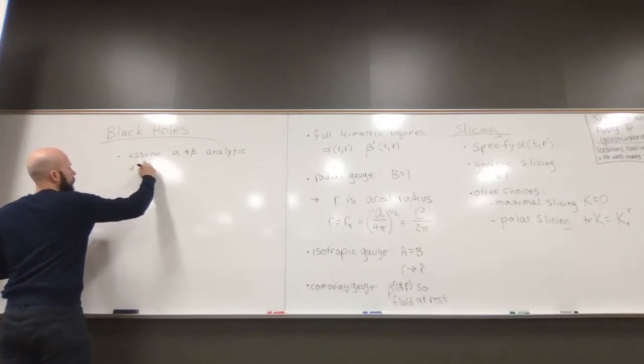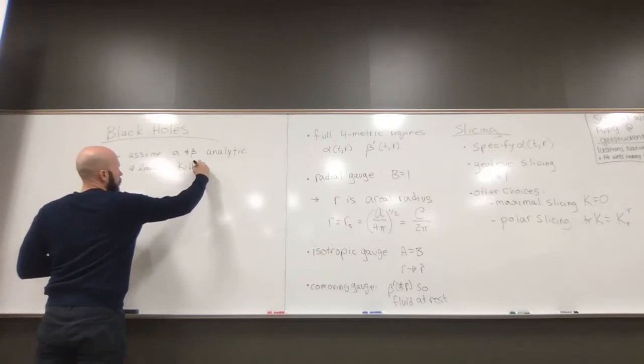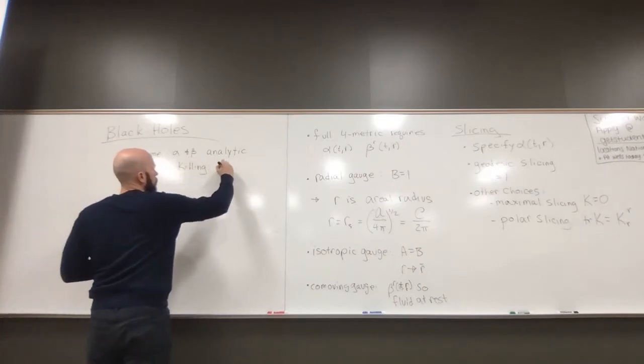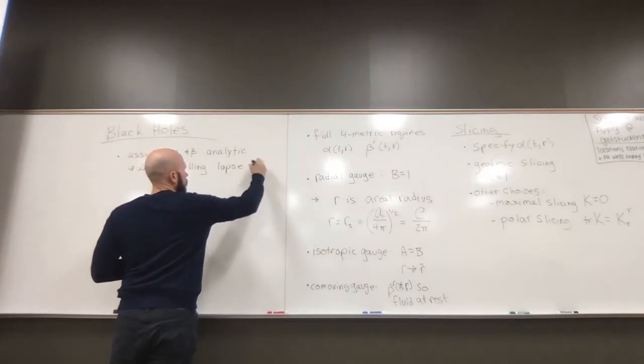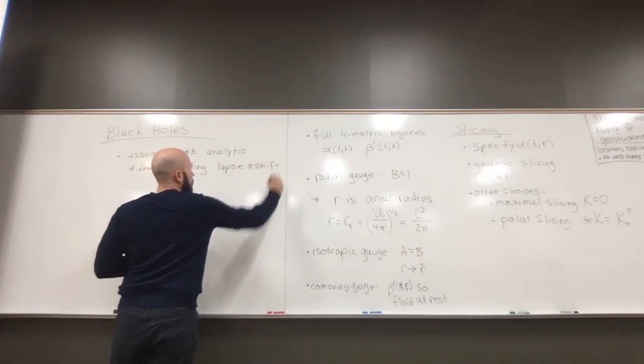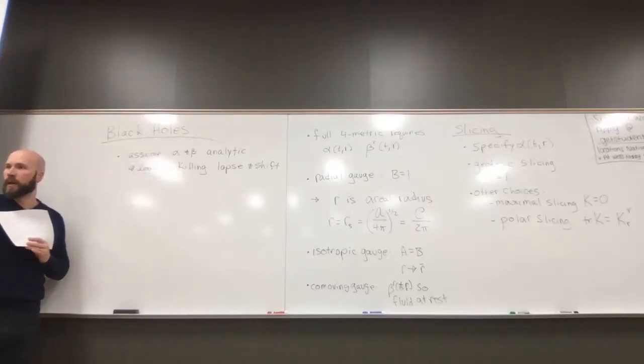And lead to Killing vectors for the lapse and the shift. So a Killing lapse and a Killing shift, meaning that there's symmetry in those directions, which also means what about the space-time?